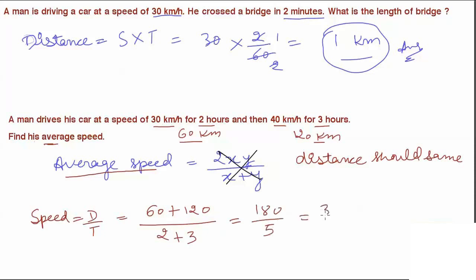So 36 kilometers per hour is our answer. So what we learn here is we can't apply the average speed formula when the distance is different. Apply the average speed formula only when the distance is the same.